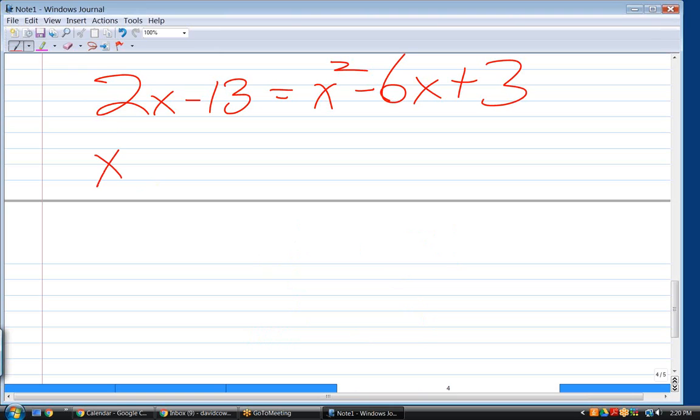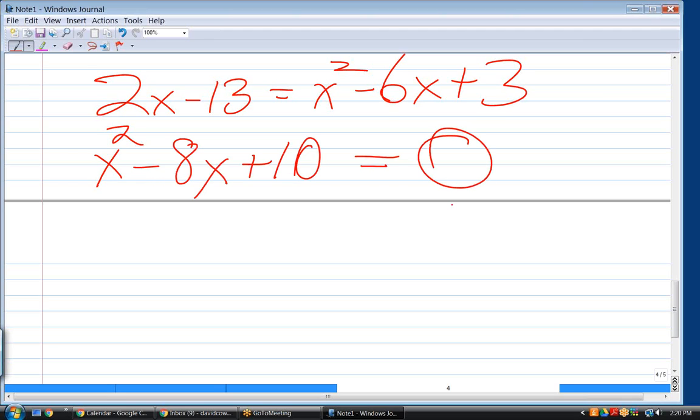Okay, so when we do that, we end up with, no, good. I'm glad it wasn't that, because that doesn't factor nicely. Did I do my math correctly? I think so. So that one does factor. This one does factor easily.